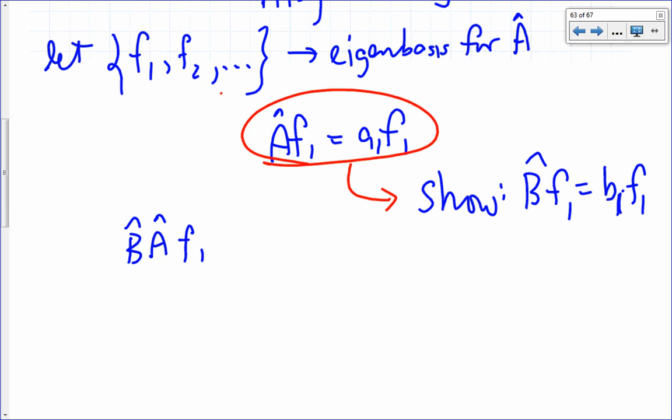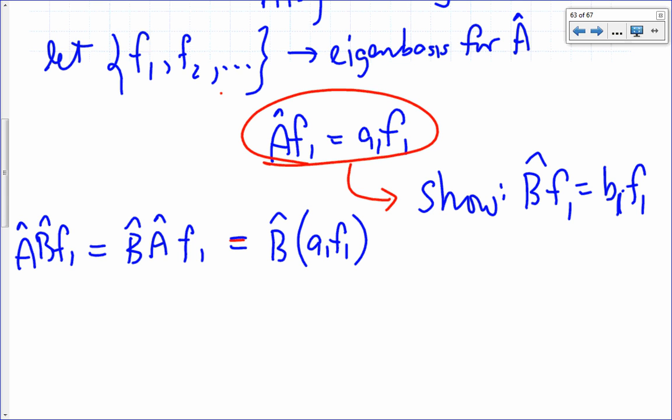So how are we going to do that? Let's do B hat A hat F1. That's going to be equal to B hat A1 F1, right? But that's also equal to A hat B hat F1, correct?